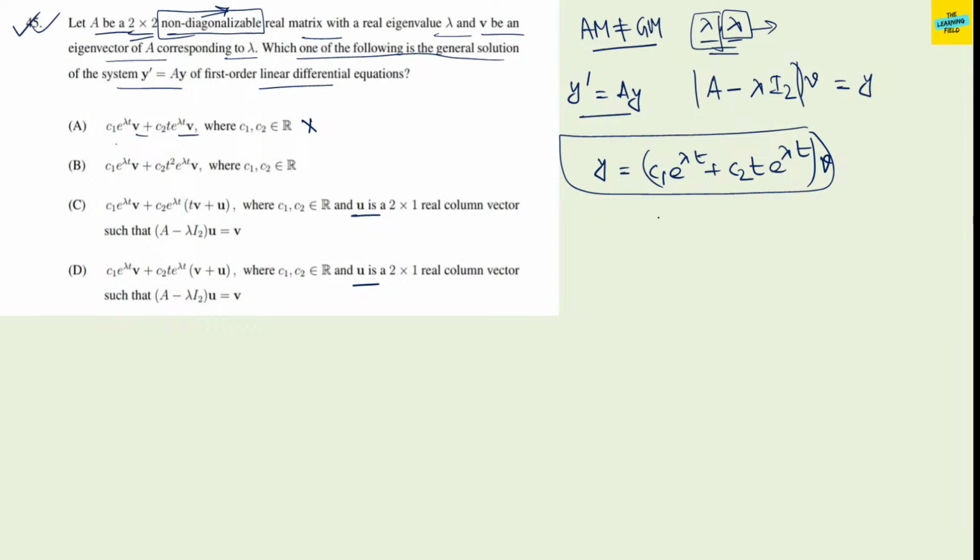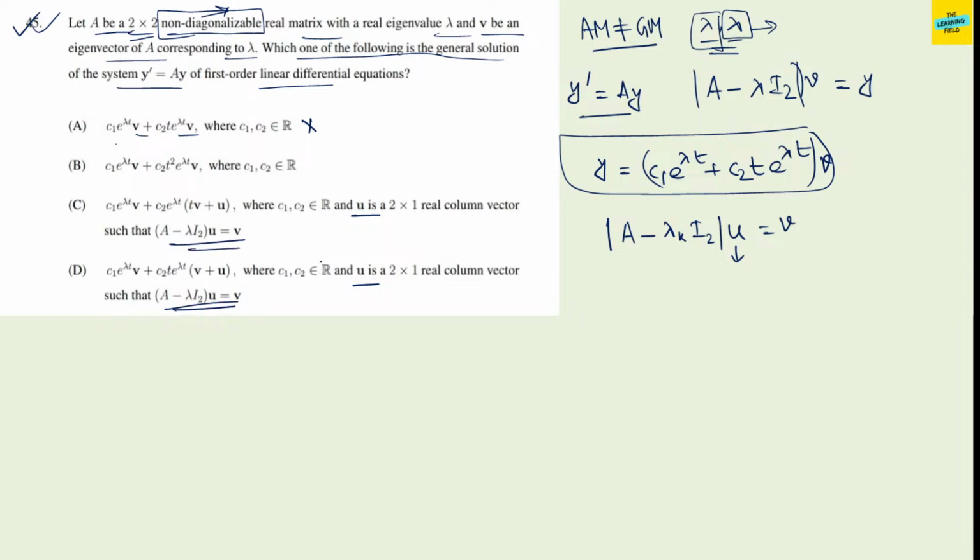So how can we calculate the other eigenvector? You all know this is the process to calculate the other eigenvector: (A minus lambda_k I2) into u equals v, where lambda is 1 or 2. This is the new eigenvector. This is the process to calculate the other eigenvector, and it is given here.